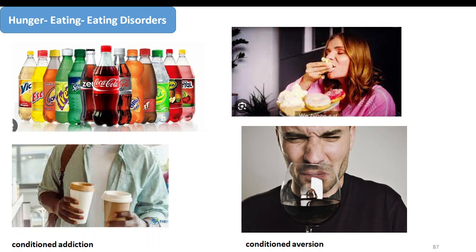We need to select the proper balance of foods that contain the fundamental building blocks of nutritional food, namely proteins, carbohydrates, fats, minerals, vitamins, etc. But instead, our options usually are different, deviant from those, isn't it?